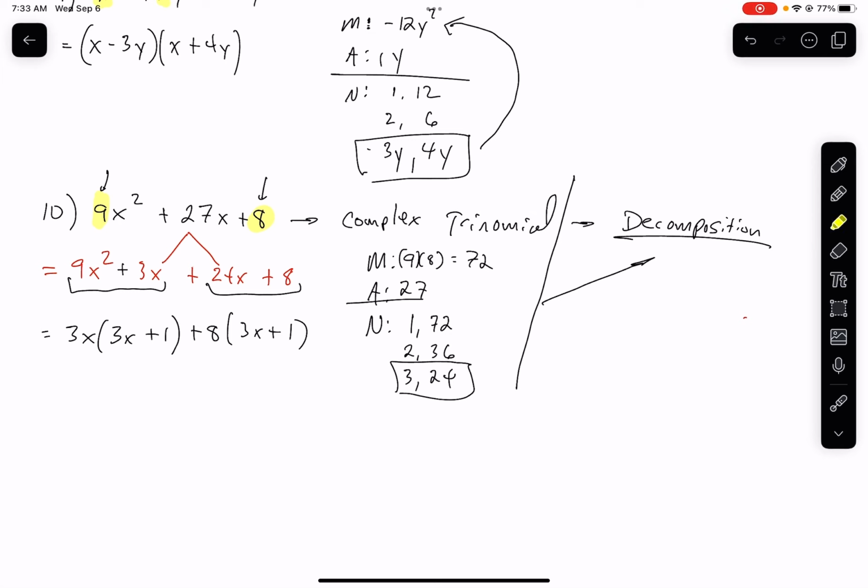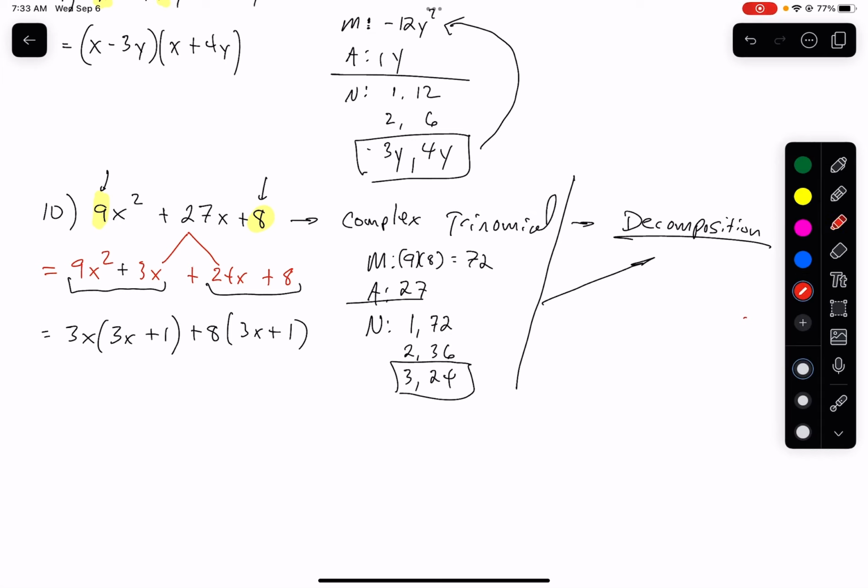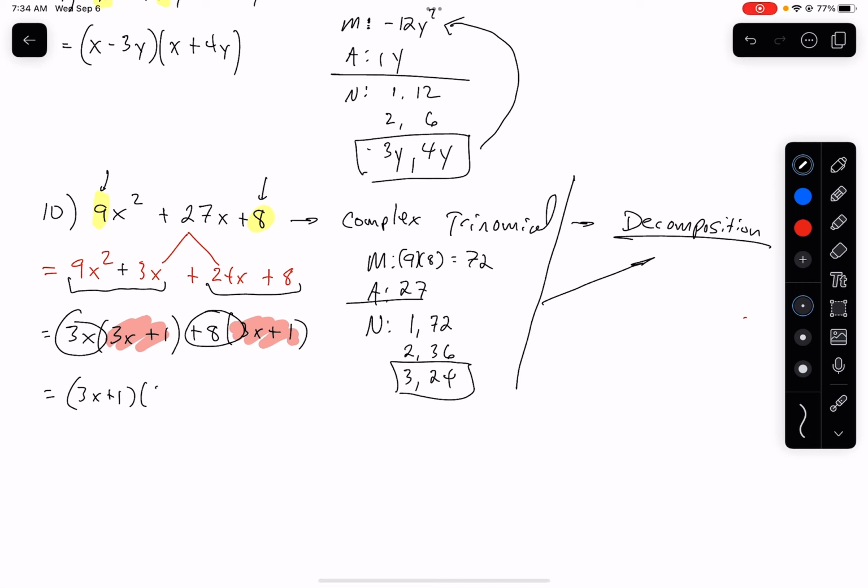Again, with our factoring by grouping process, we should expect to see these two factors come out to be the same, if we've done it correctly. Okay, so we see that is the case, so now I can write 3x plus 1 multiplied by what's left, which is the 3x and 8. That should be your answer on your sheet.